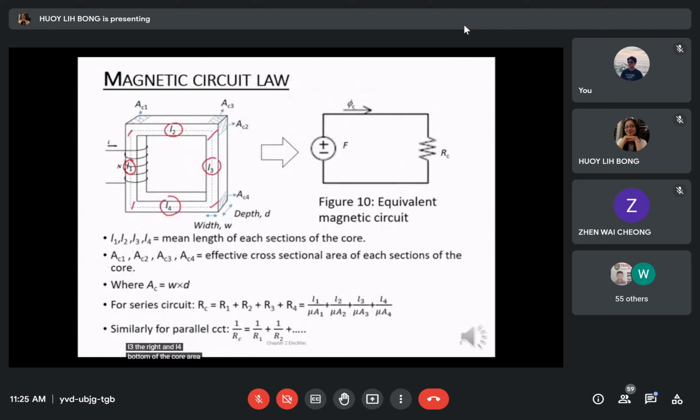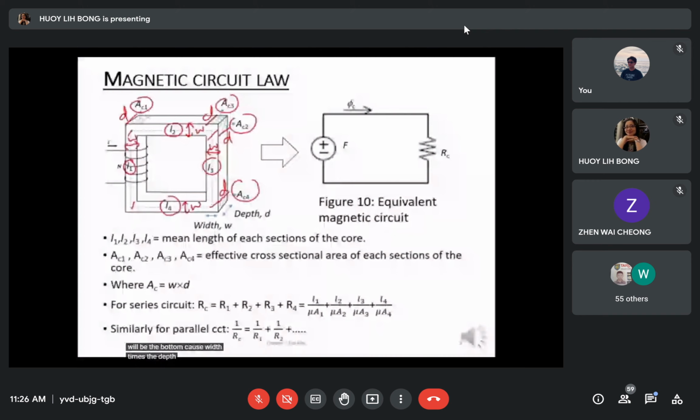The area of each core will be their respective width times the depth. Area 2 will be the top core's width times the depth. Area 3, the width on the right times the depth, and area 4 will be the bottom core's width times the depth.